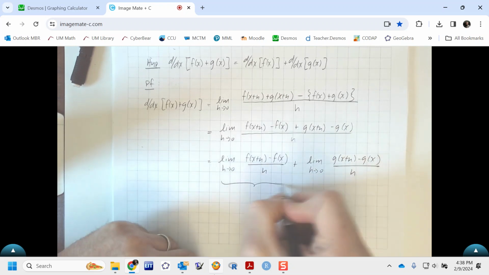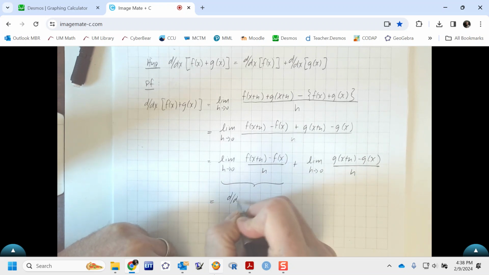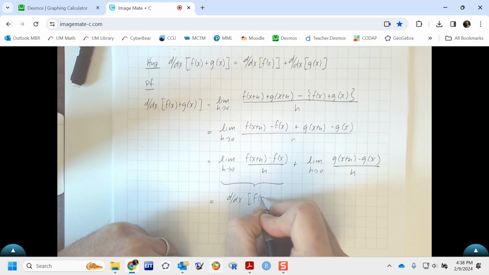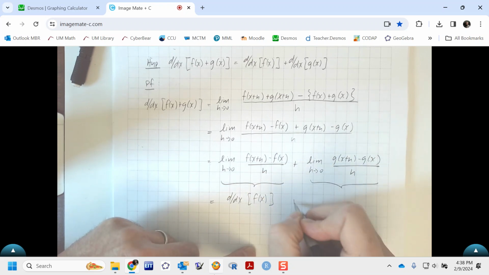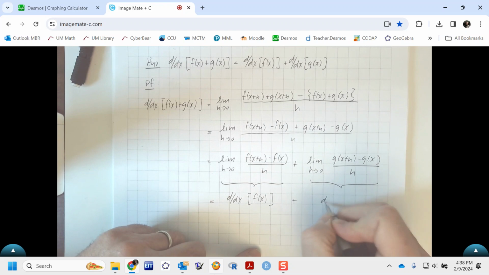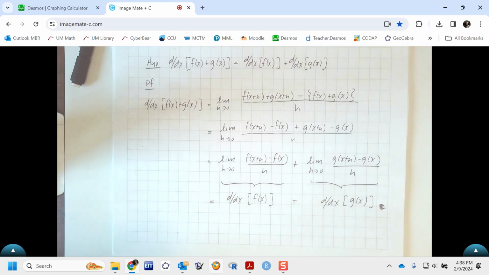And so this piece I notice being the derivative of f of x. This piece I notice is the derivative of g of x. And so we've shown this to be true.